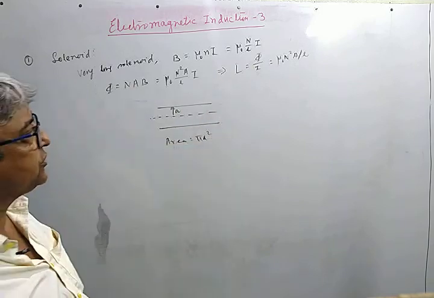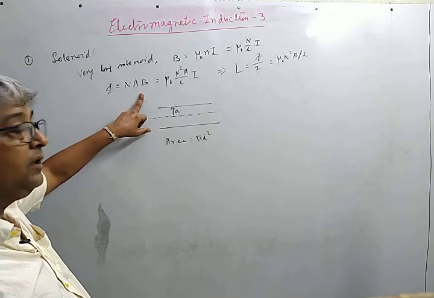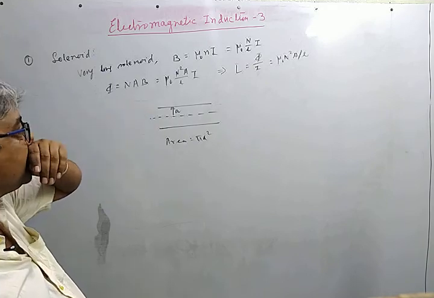So there is a precaution to be taken. Here we have considered the B to be uniform over the cross section.